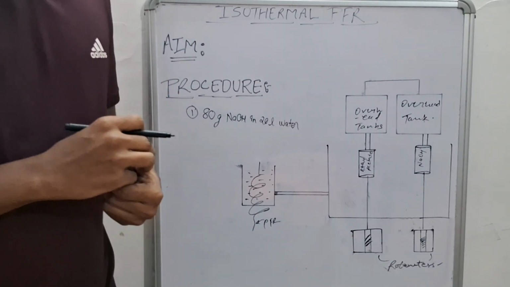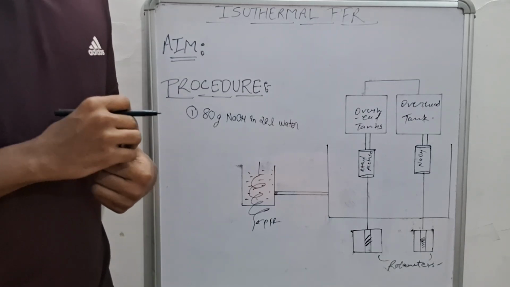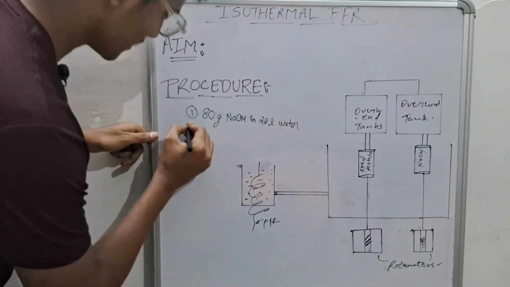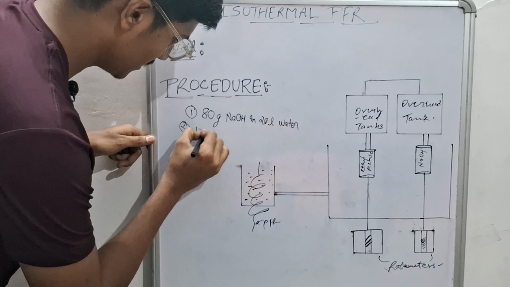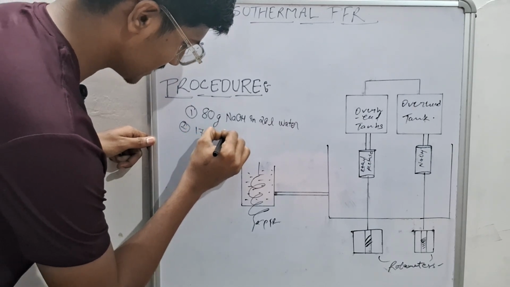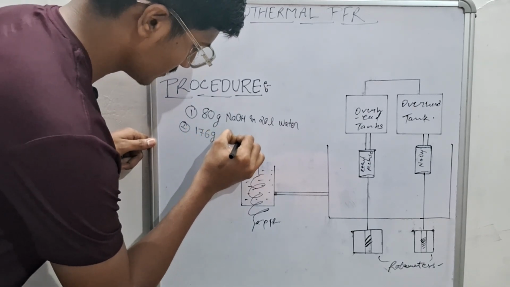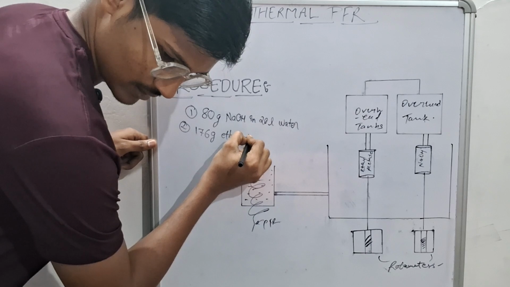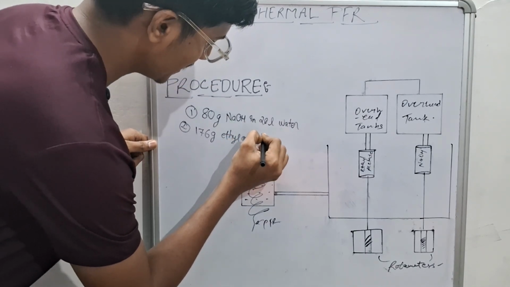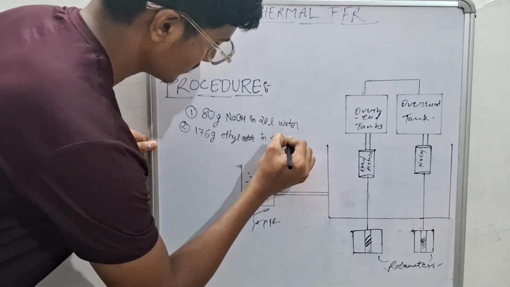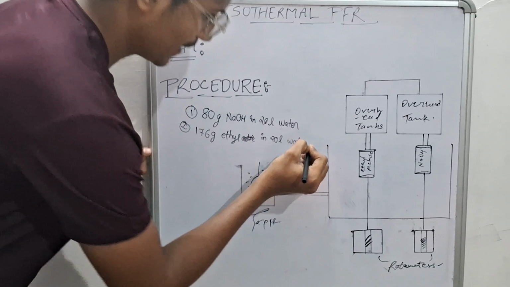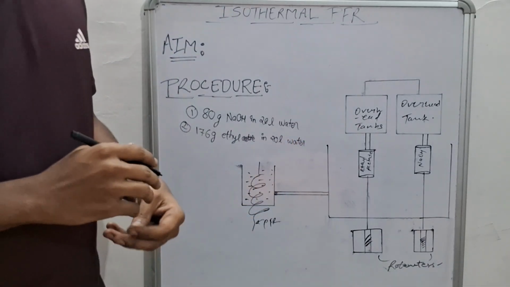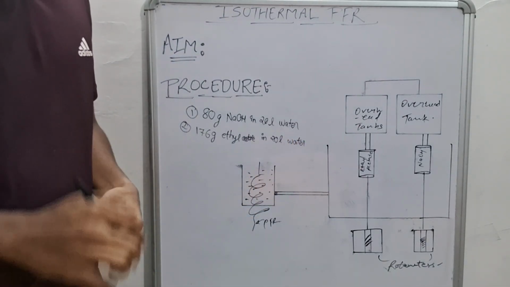Similarly, we prepare 0.1 normal ethyl acetate solution by mixing 176 grams of ethyl acetate in 20 liters of water. By doing this, we get 0.1 normal ethyl acetate.